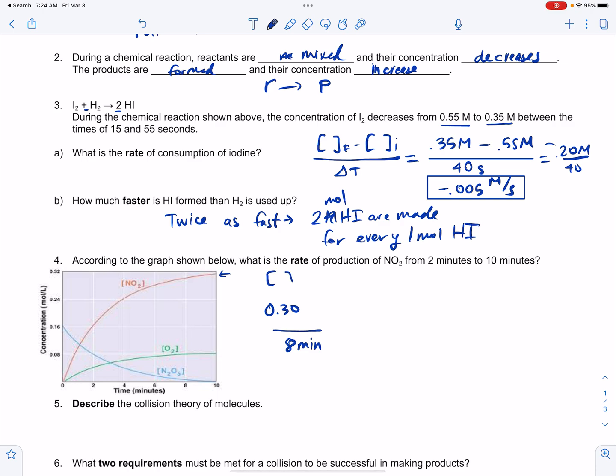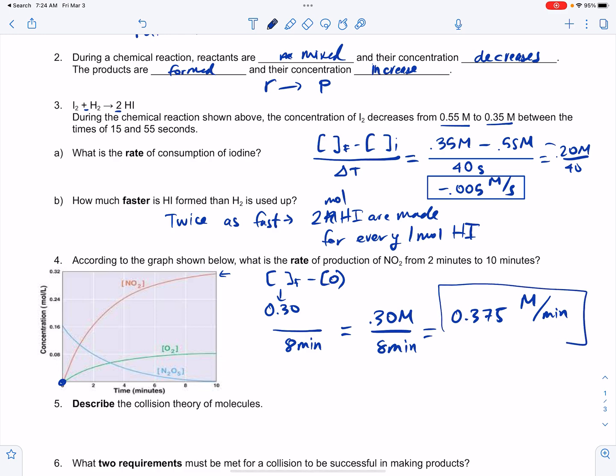The initial concentration is 0, there's nothing here, see? So 0.30 moles over 8 minutes, around. Calculation: 0.3 divided by 8. It formed at 0.375 moles for every minute. Again, units matter, everyone.